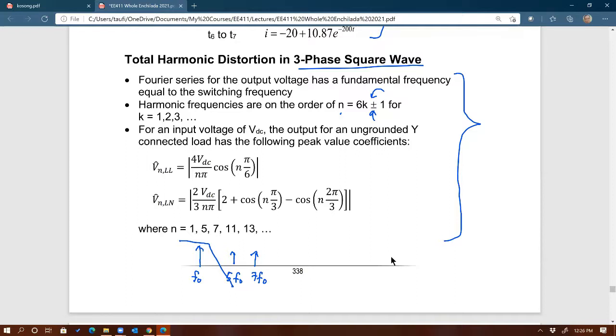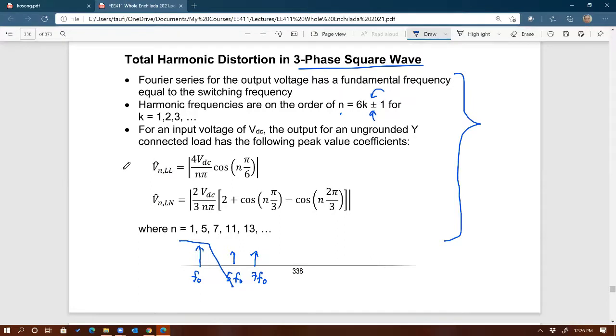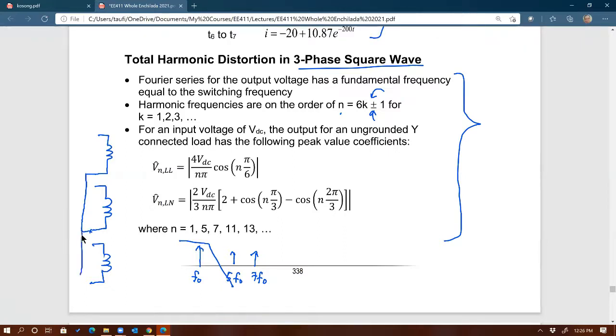All right. And so these following equations, since we are dealing with Y connection, as you know, Y connection, if I just draw using 3 single phase windings. A Y connection is the one that has a common point, such as this one.